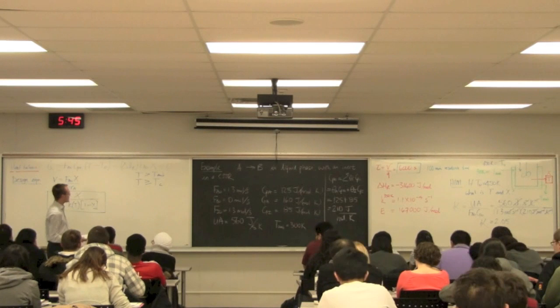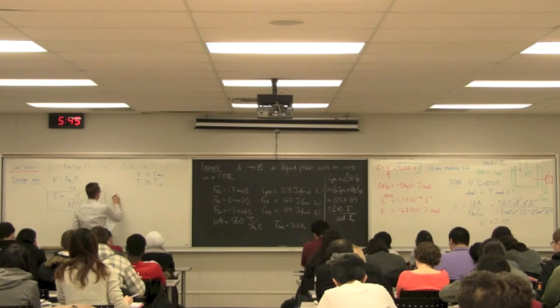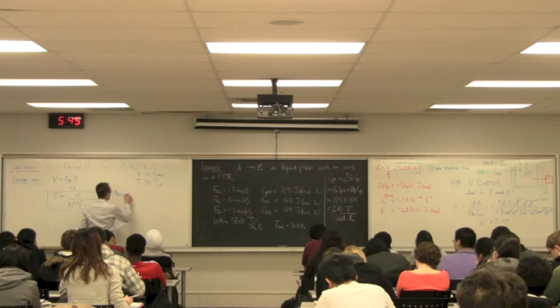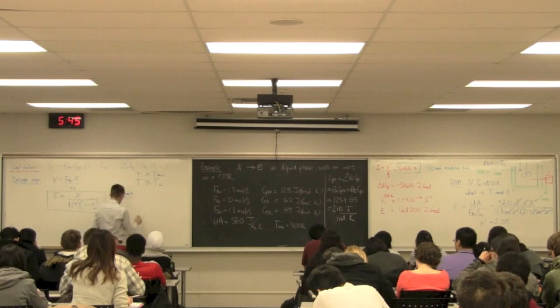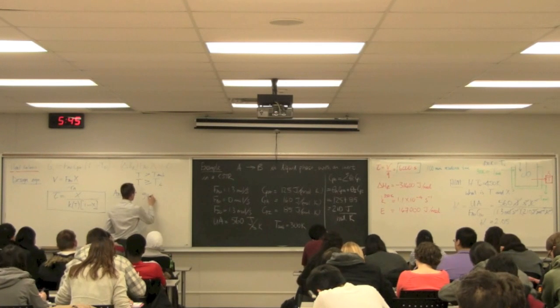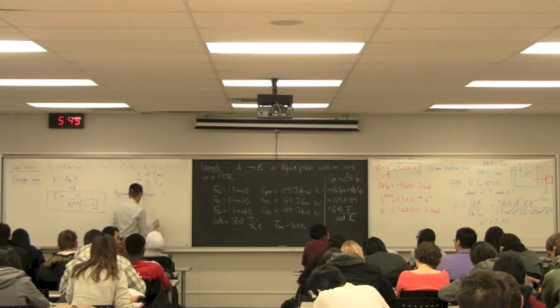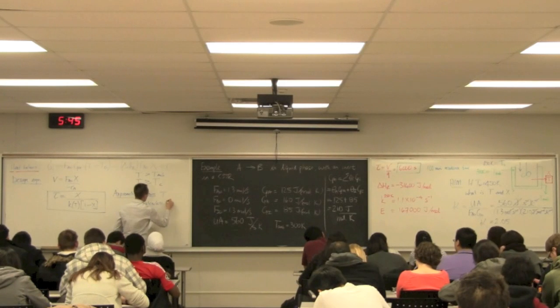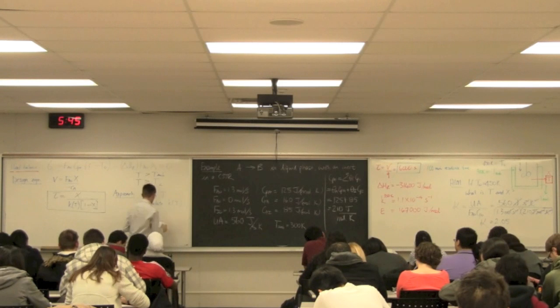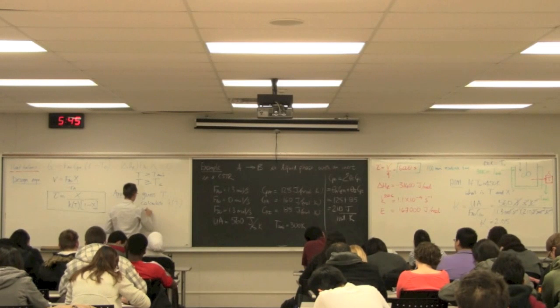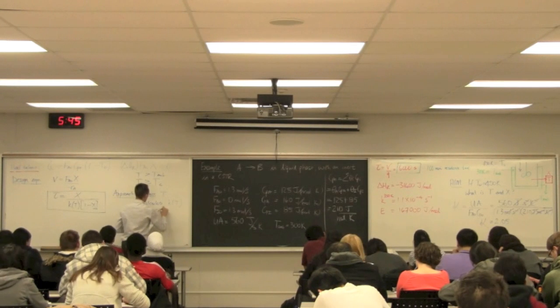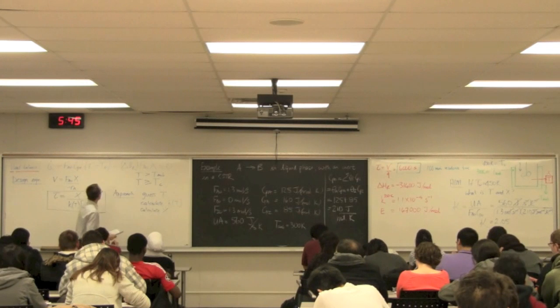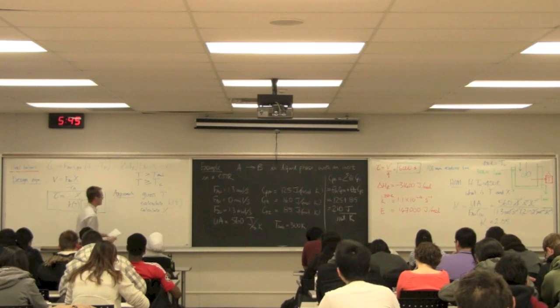So the strategy that we're going to follow is this. We're going to guess a temperature. Then we're going to calculate k of T. We're then going to calculate our conversion X using the heat balance.